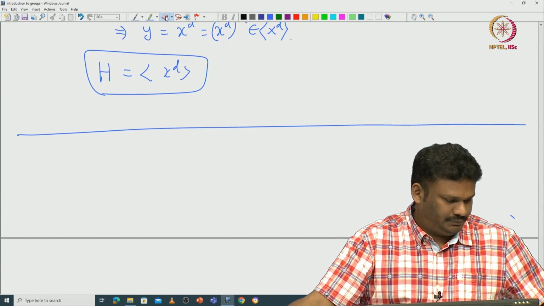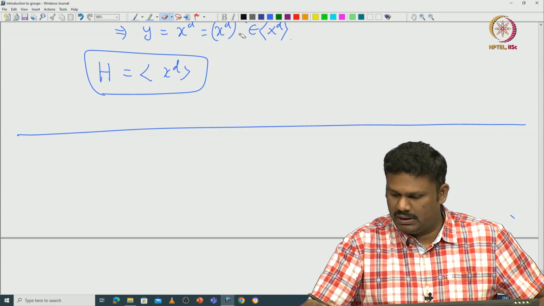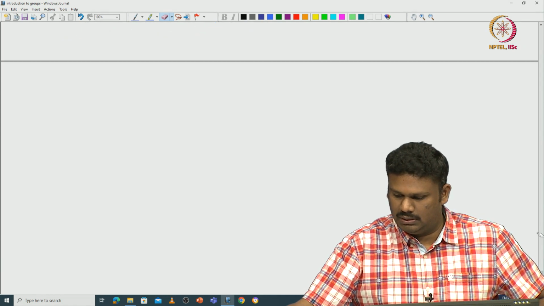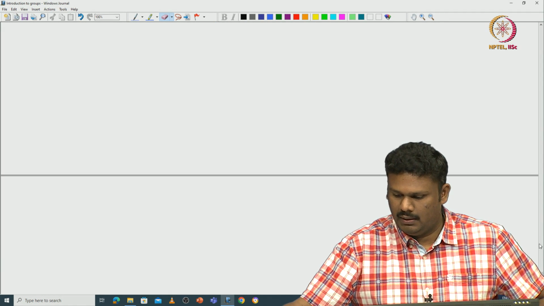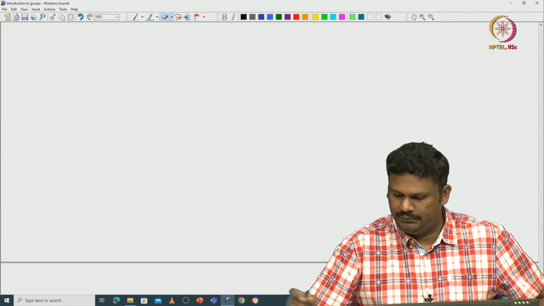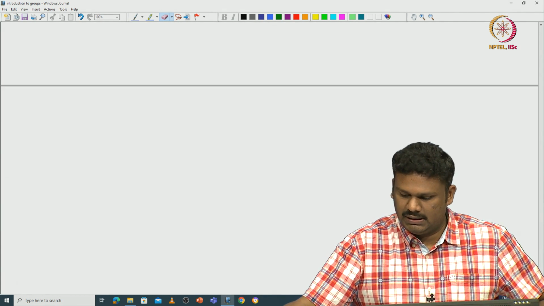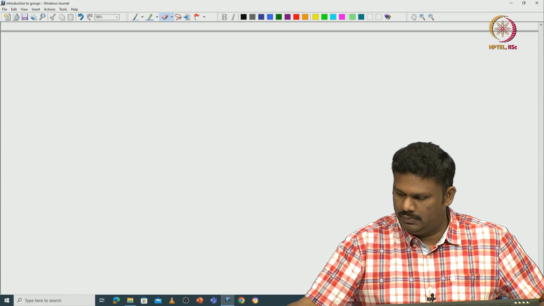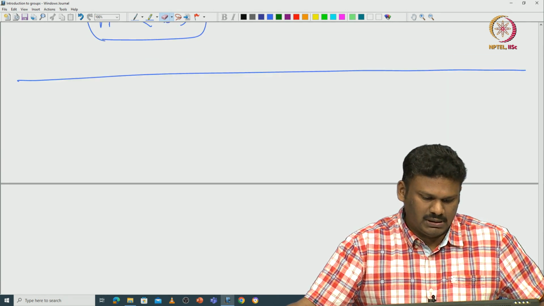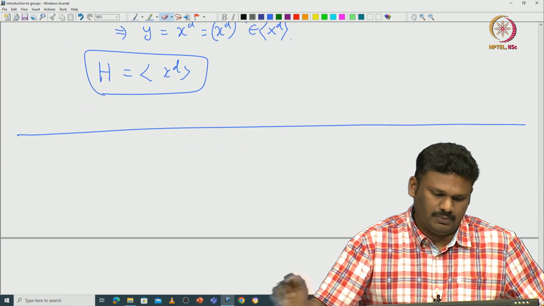So we will see what else we can say about the subgroups of cyclic groups. We have already seen something about the infinite group: it is isomorphic to Z plus.